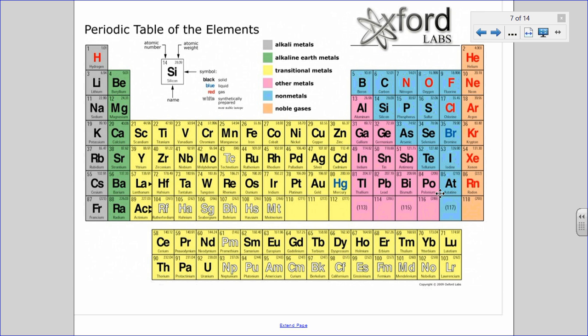Okay, it's not many of them, but we start right here at boron with this line, and we go all the way down. You make little stair steps going down, and that is what we call our metalloids. Remember, the metalloids are the ones that have characteristics of metals and nonmetals. Well, that concludes our lesson on the periodic table of elements.